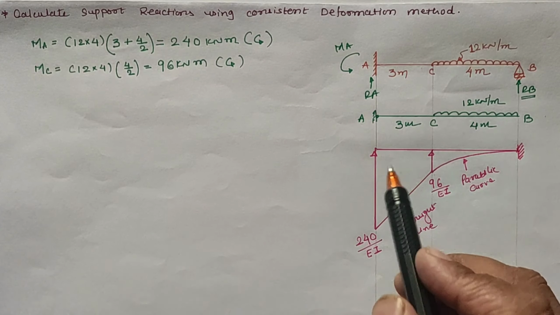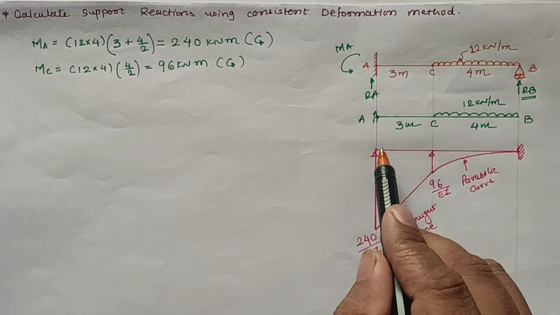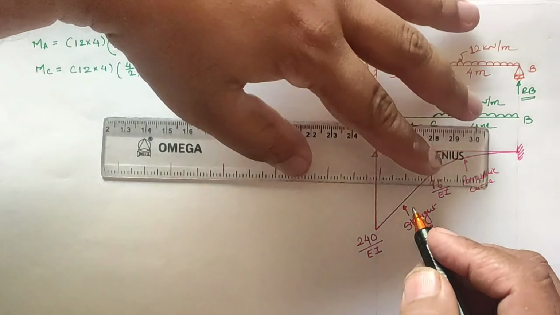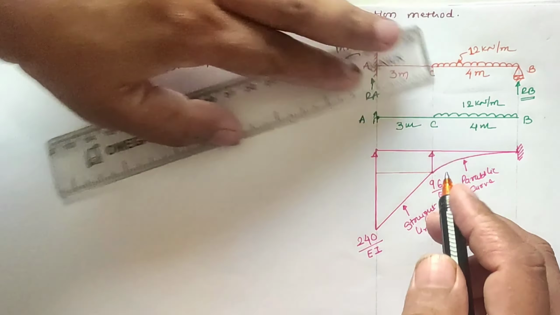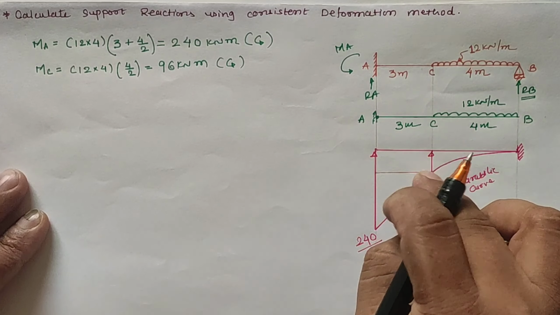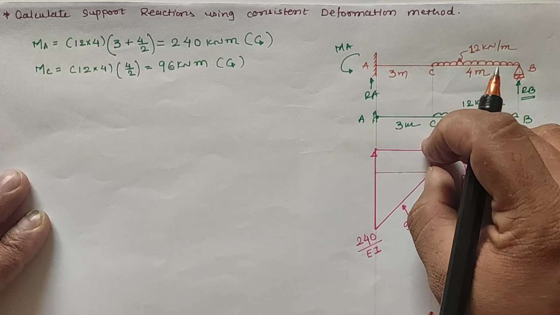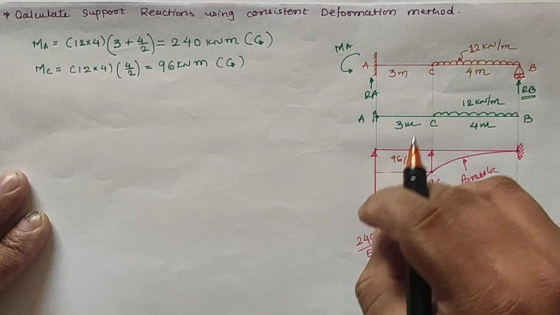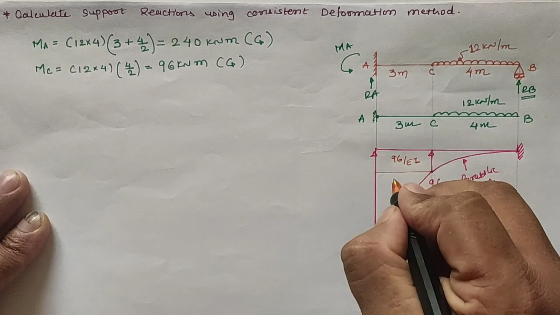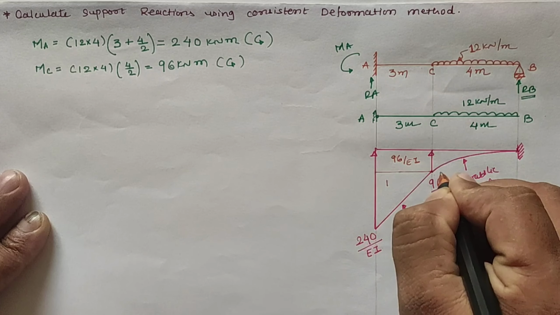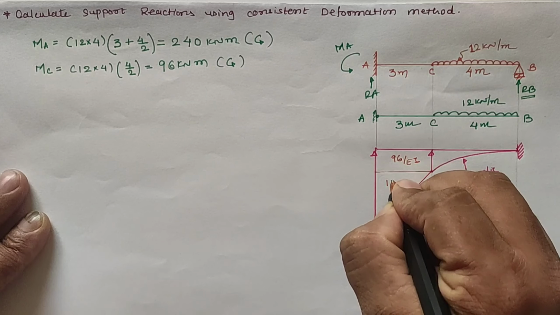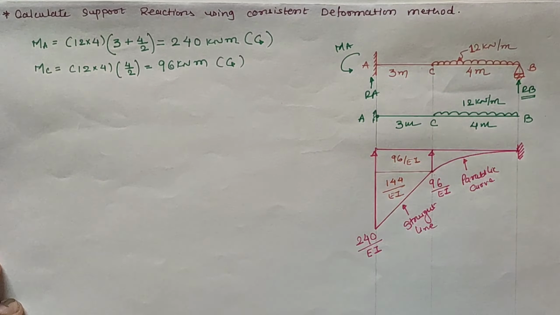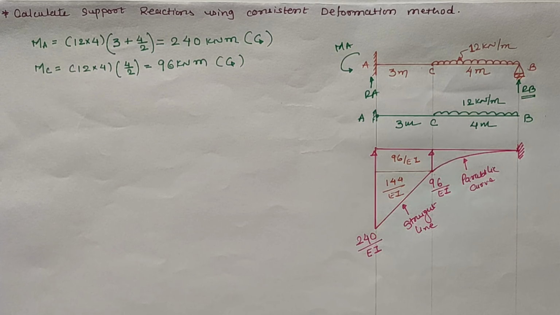Now for part A to C the loading is trapezoidal, so let us convert it into a rectangular part having the intensity of 96 by EI, and the raised part is the total 240 minus 96, hence the raised part is triangular, or we can say a uniformly varying load of 144 by EI, so that the calculation is very easy for moment.